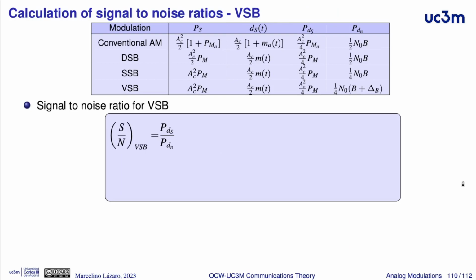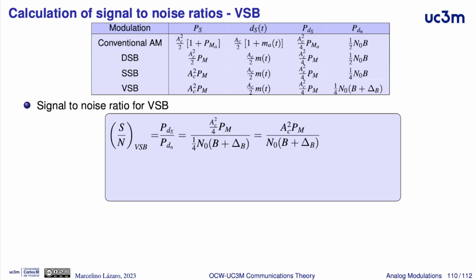And finally, we have the vestigial sideband modulation. Now, the power of the signal term, the power of the noise term, the ratio can be written this way. We have 1/4 here, 1/4 here. That can be simplified.